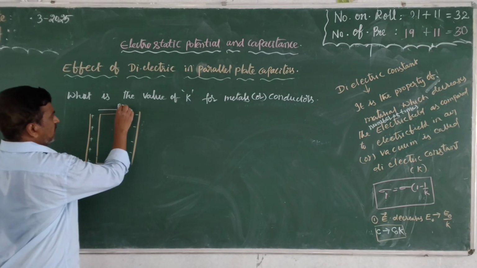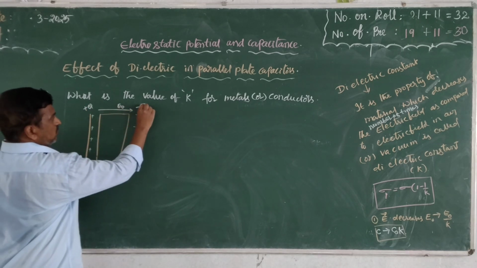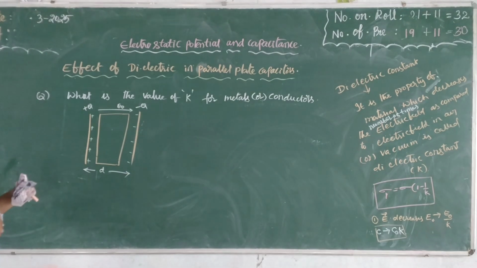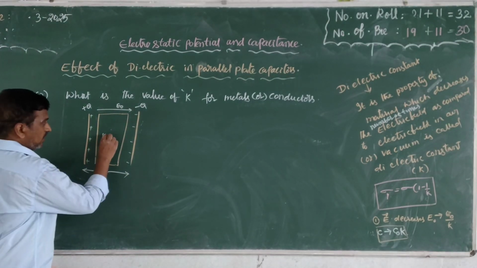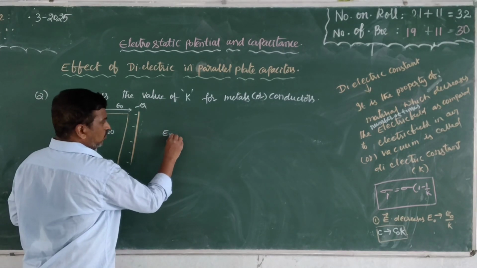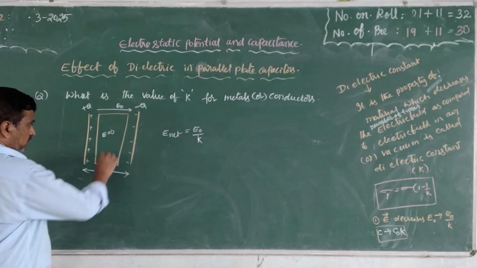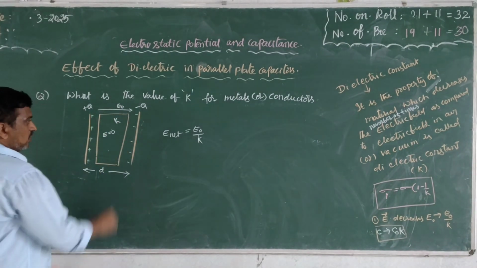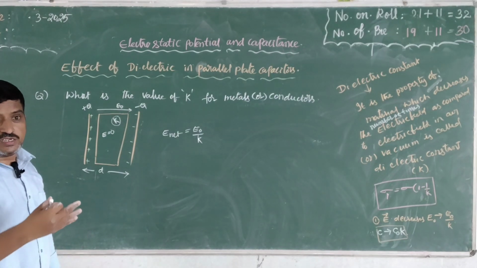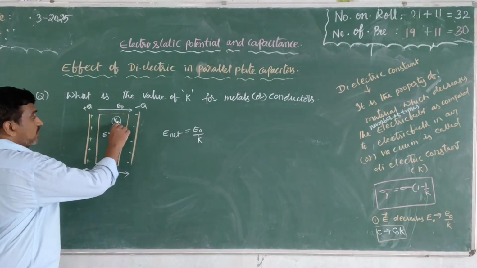It is plus q, minus q, and the distance between them is d. What is the electric field inside the conductor? Electric field inside a conductor is 0. What is E net? E naught by K, where K is the dielectric constant. How many times does it decrease? The number of times electric field decreases as compared to electric field in air or vacuum, that we call the dielectric constant.